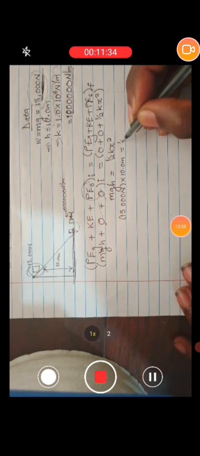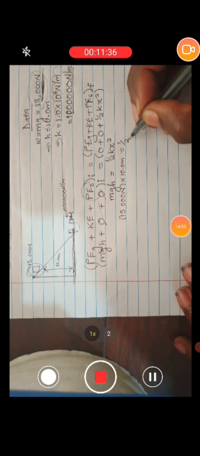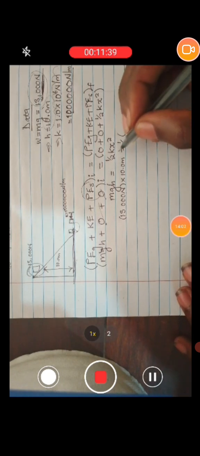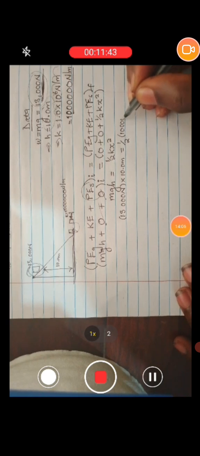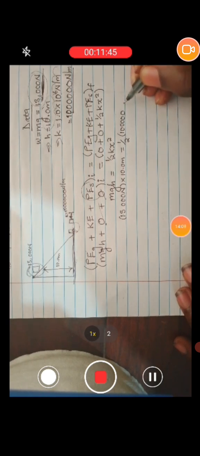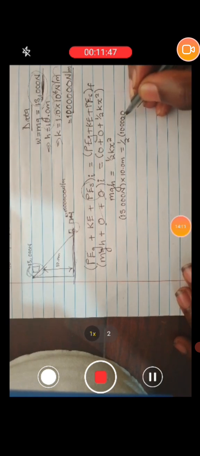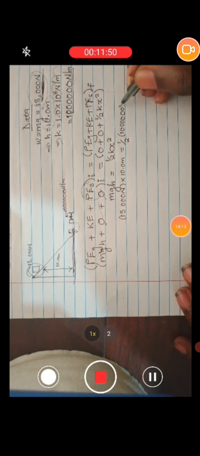Then it should be equal to half the spring constant we solved, which was 1 million.